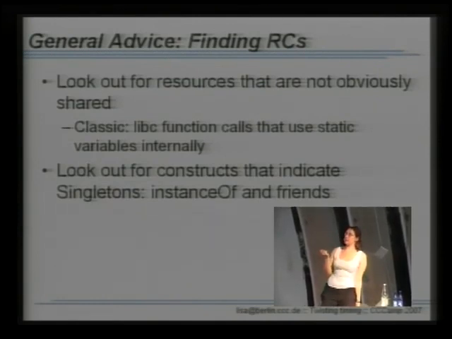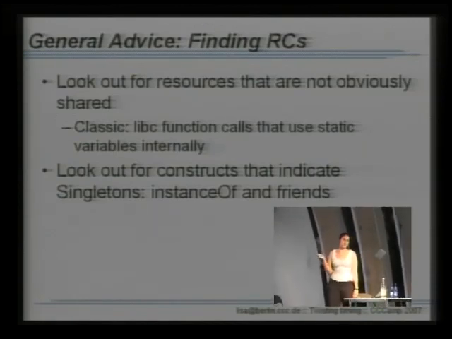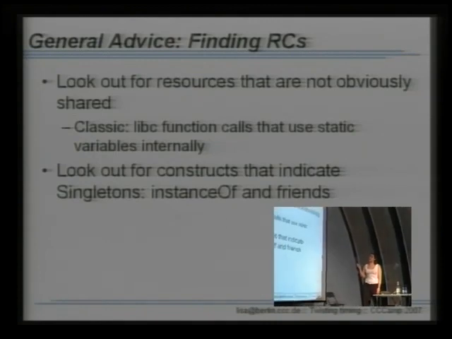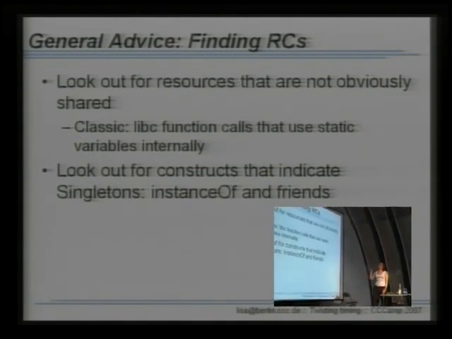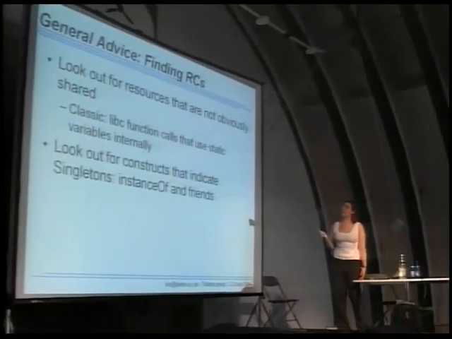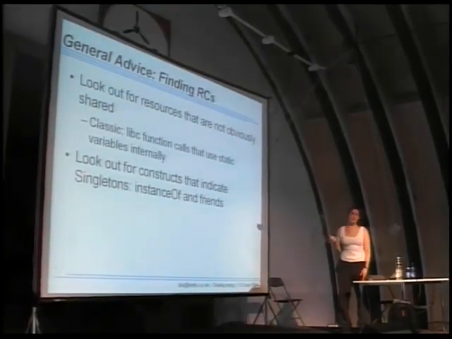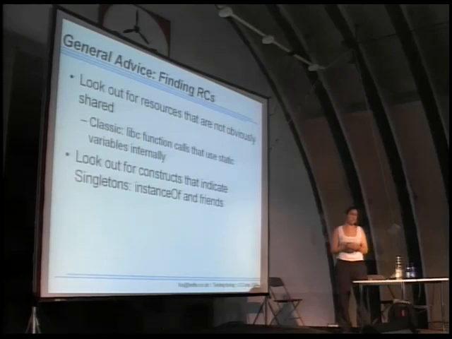And the programmer may just not be aware of that. So look out for these function calls and just think hard every time you read code about which resources the code uses that may not look shared, but they are. This also applies to, I don't know, devices, shared memory sections, stuff like that.